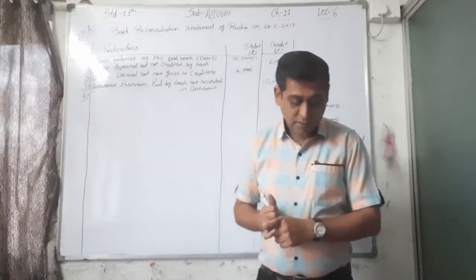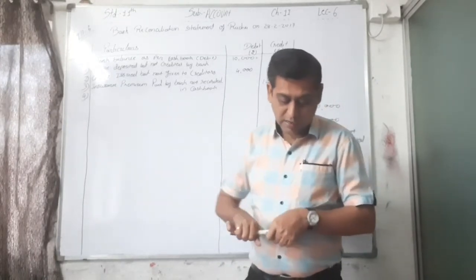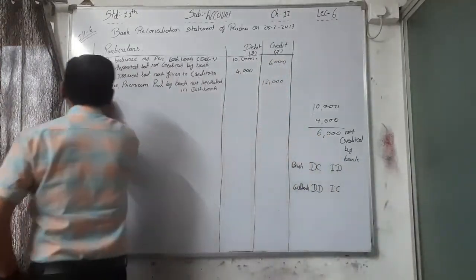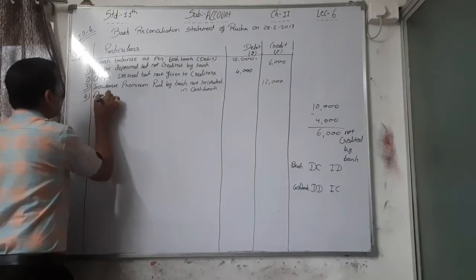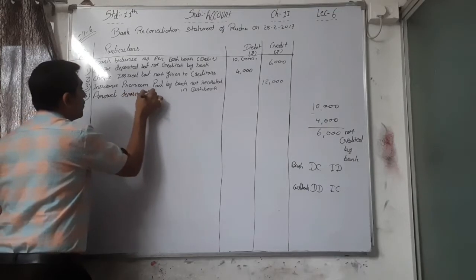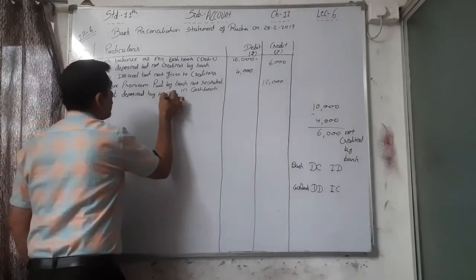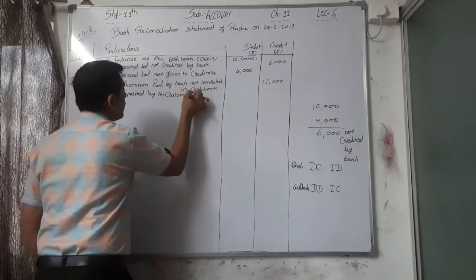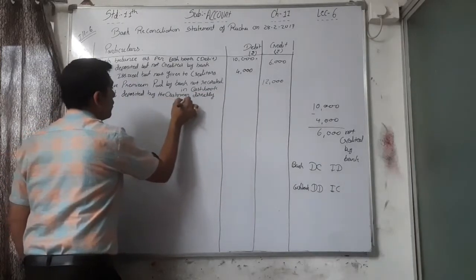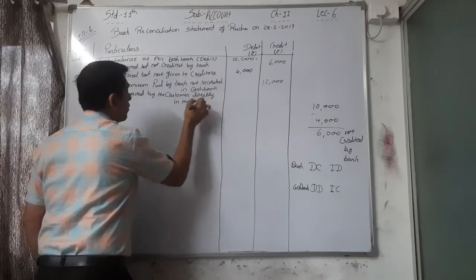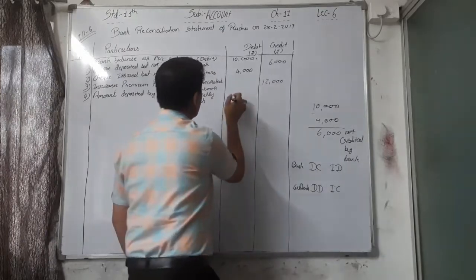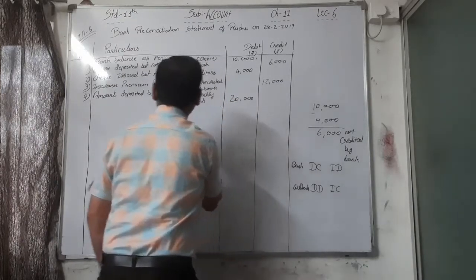Write down: amount deposited by the customer directly into the bank. Bank is credited, that's why we have to debit it. The amount is 20,000. Debit 20,000.